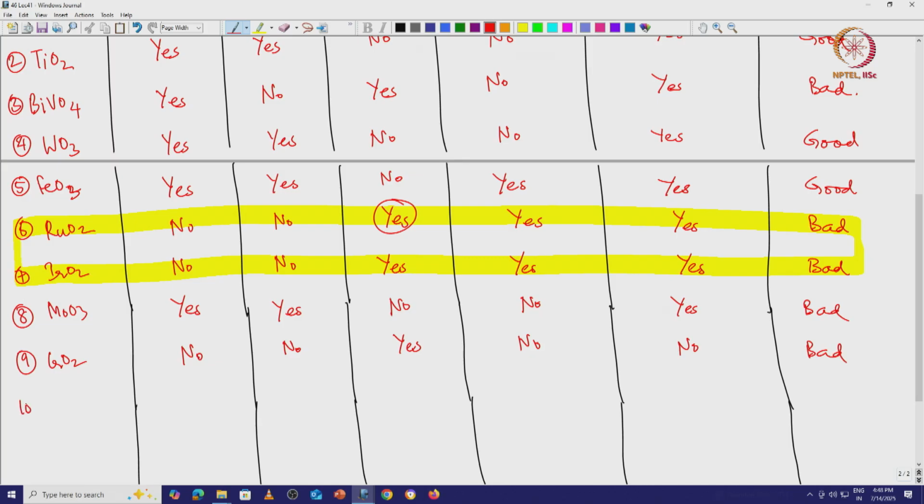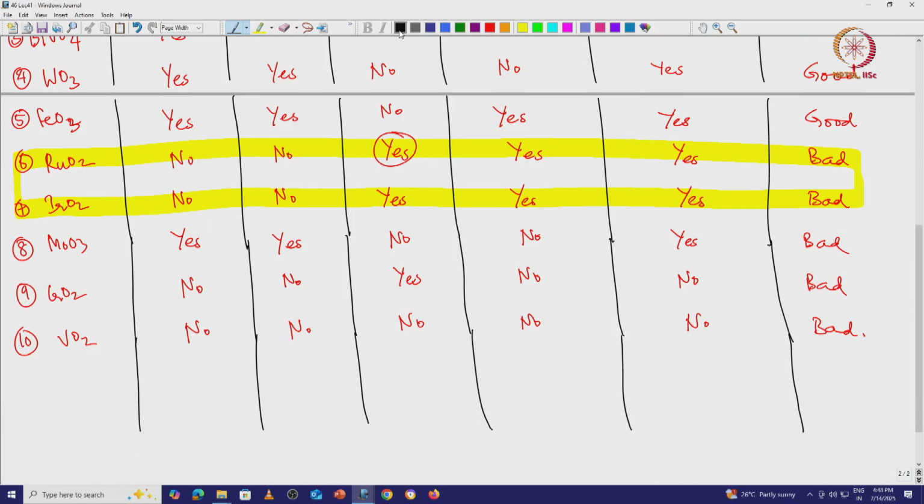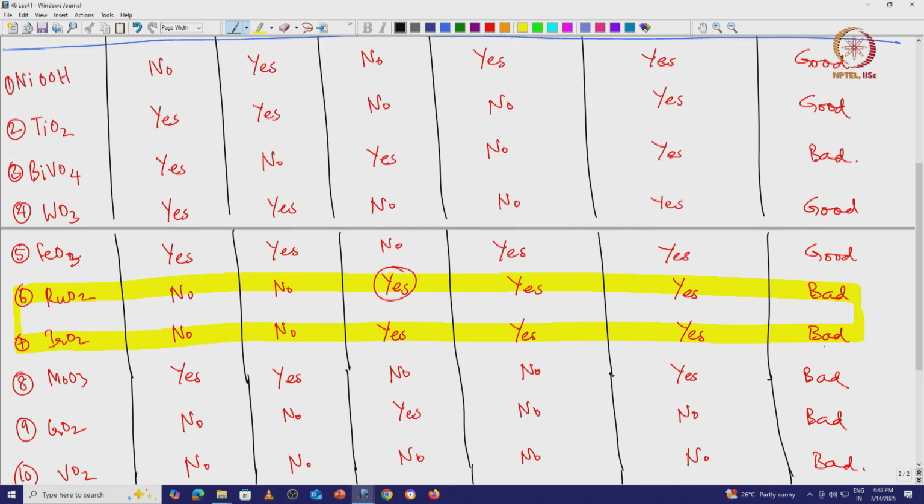And finally VO2 you have no, no, no, no, no. So, all of these are no and then it is a bad photoelectrocatalyst. Okay. So, this is the data that we have been given here, and basis this data we have to train a machine learning model. Okay.